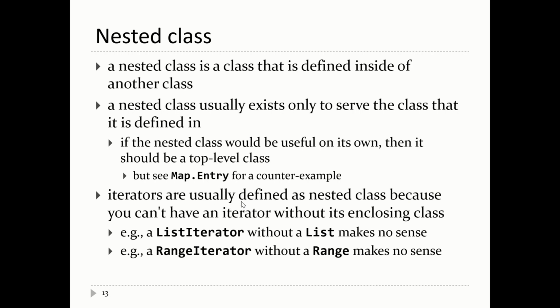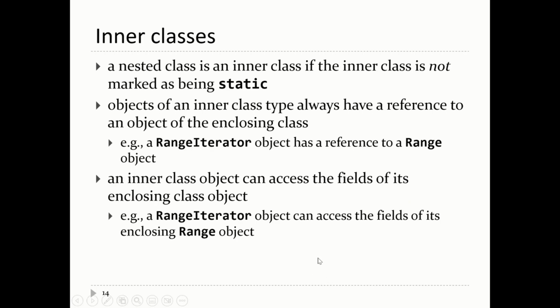If your class implements Iterator, then almost always the iterator is implemented inside the class, because it doesn't make sense to have an iterator without an object to iterate over. So it doesn't make sense to have a list iterator if you don't have a list. In our case, it doesn't make sense to have a RangeIterator without a Range.